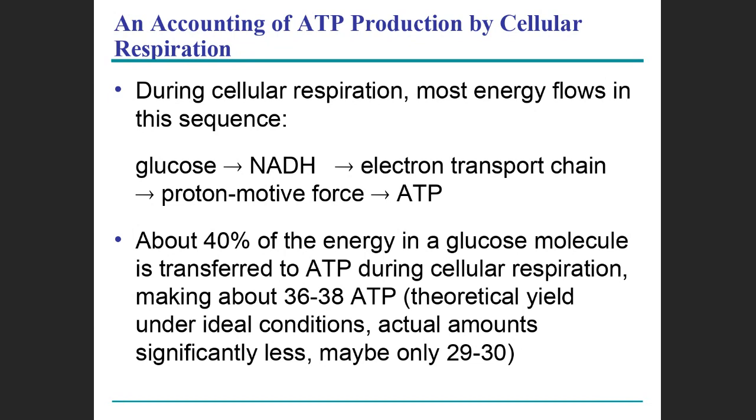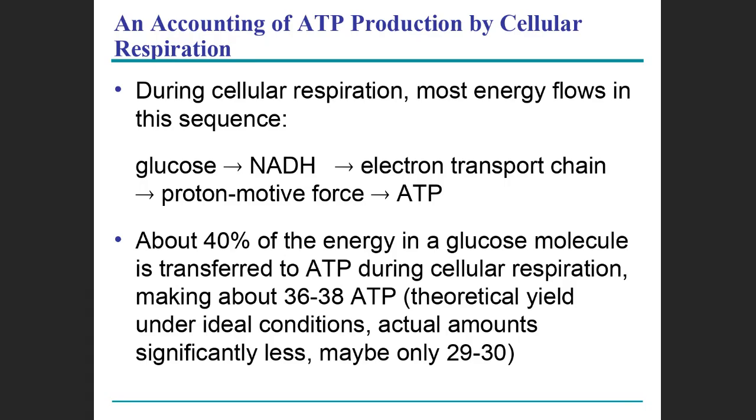The other approximately 60% is lost as heat. So that heat energy increases the entropy of the universe, but also that heat energy can be used by animals like us, right, to maintain a constant internal body temperature.